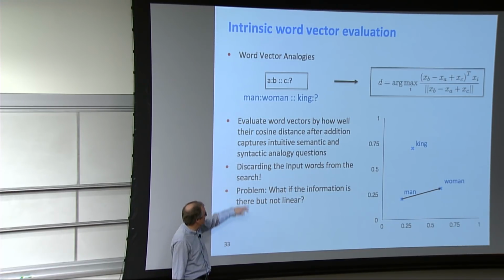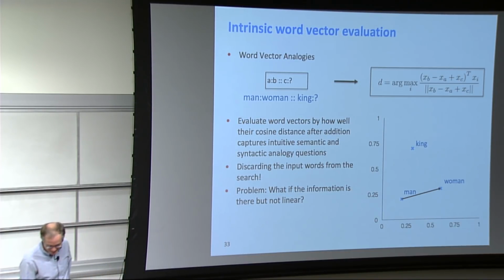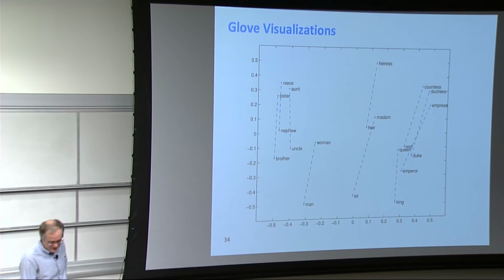And there's also one other trick that people commonly use: they forbid the system from returning one of the three words you put into the analogy.